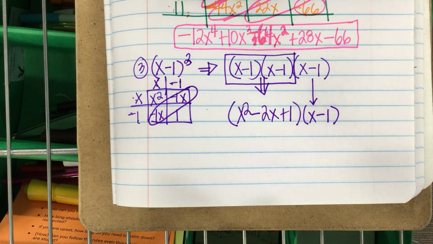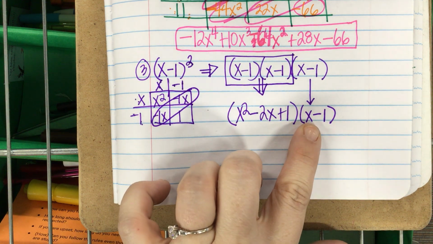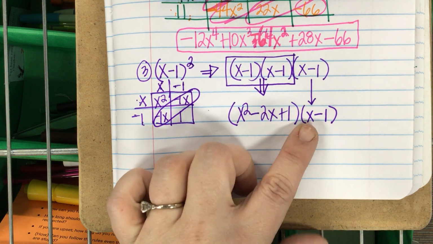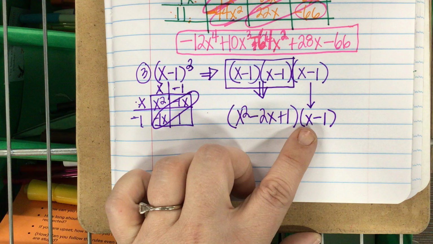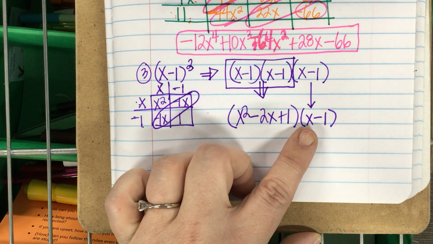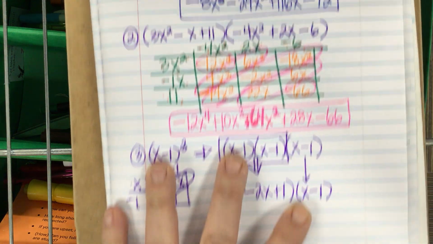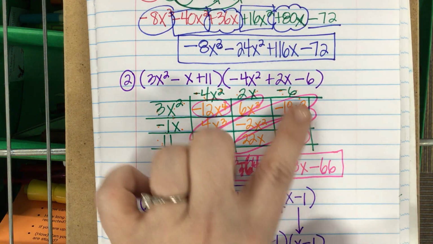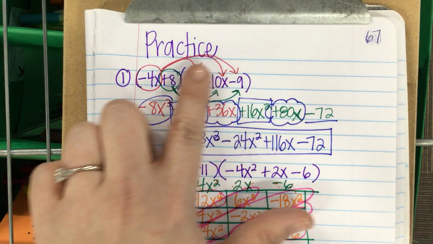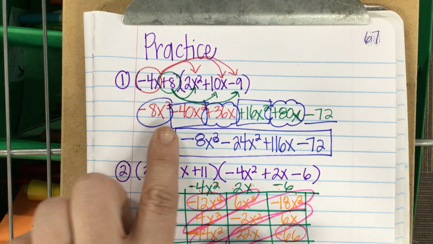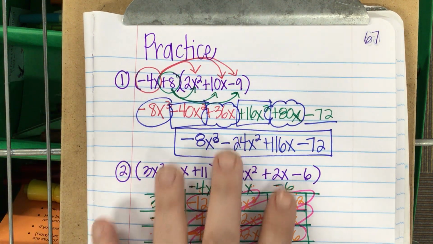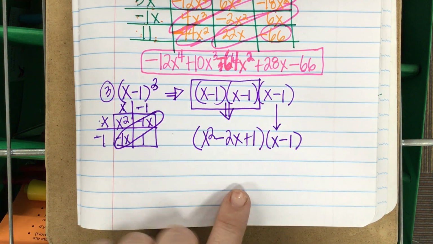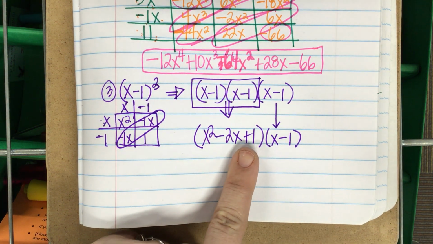You could draw your grid and multiply, or what else could you do? Distribute. It's your choice. However you want to figure this out.